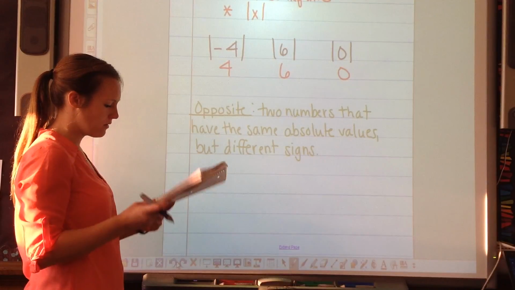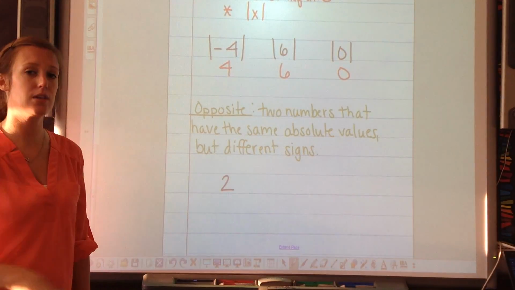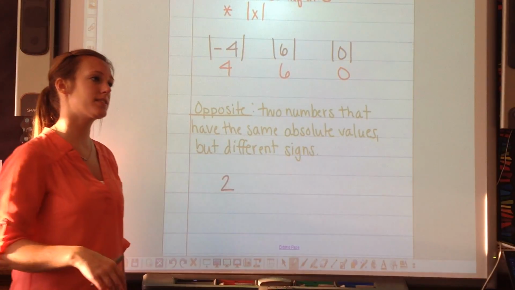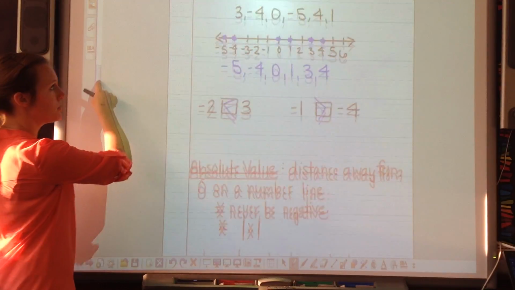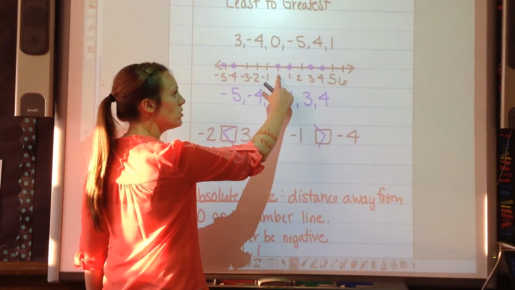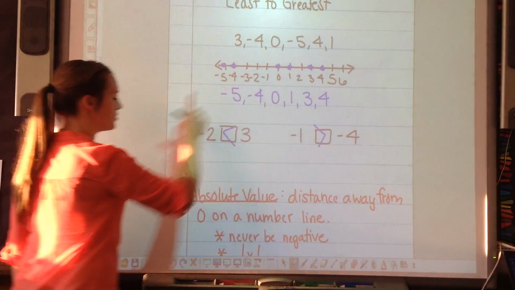So let's say we want to find the opposite of 2. Okay, there's no bars on the outside to represent opposite. The directions are going to say find the opposite. 2 is 2 spots away from 0 on a number line. 1, 2. What other number is 2 spots away from 0 on the number line? -2.